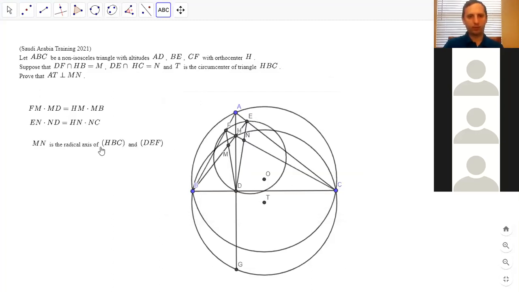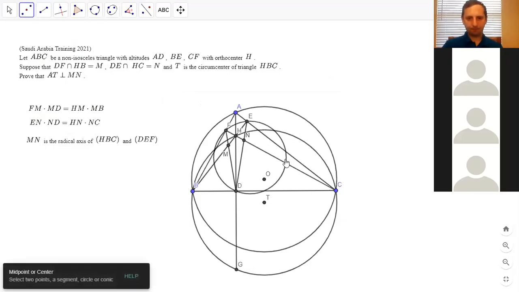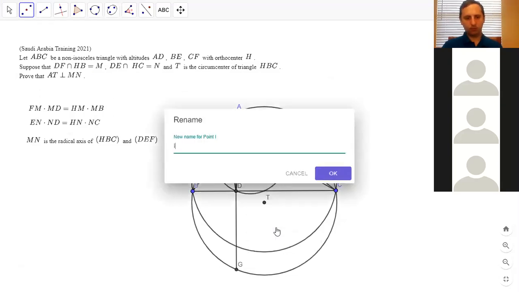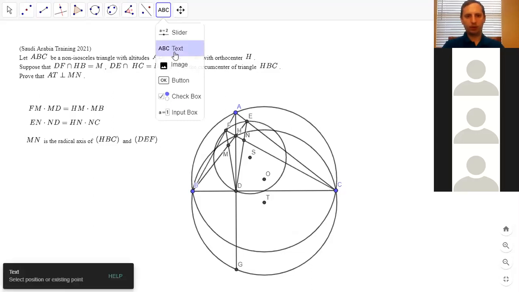And so that means that, if we draw the 9-point center, call it S. So let S be the 9-point center of ABC.